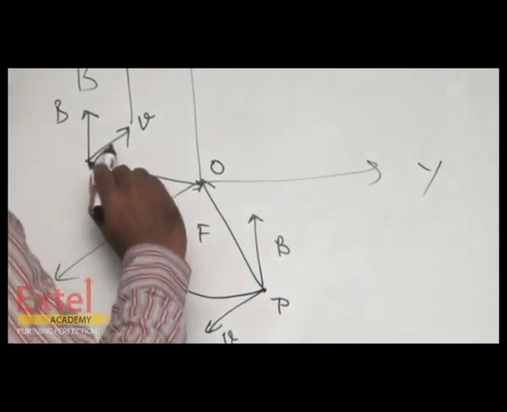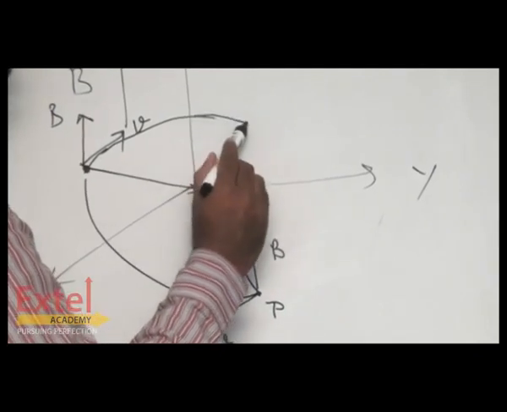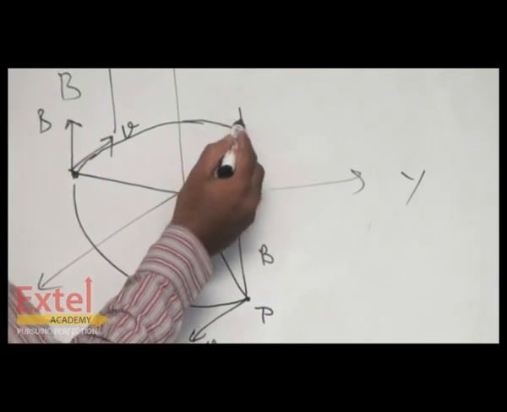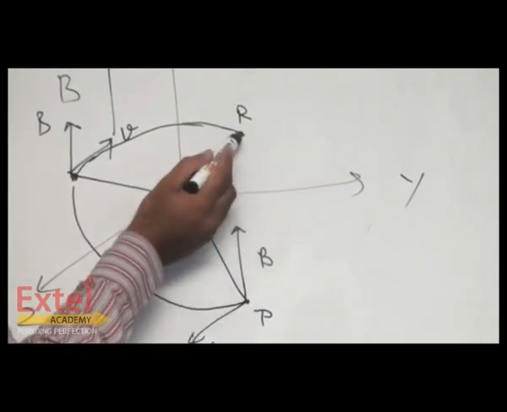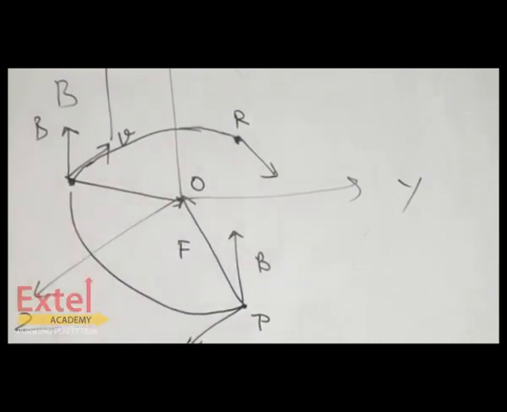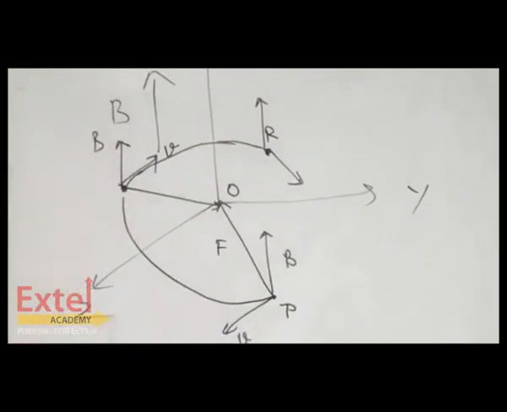Similarly, it experiences a force like this and goes along the circular path. When the particle comes over here, if you name this position R, the velocity of the particle points in this direction, but the magnetic field is always acting upward.